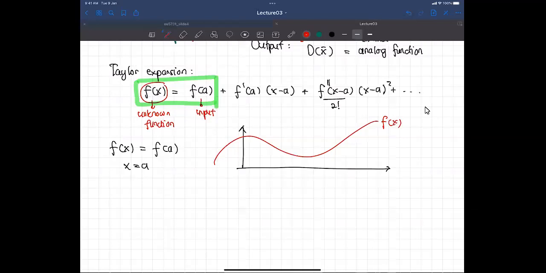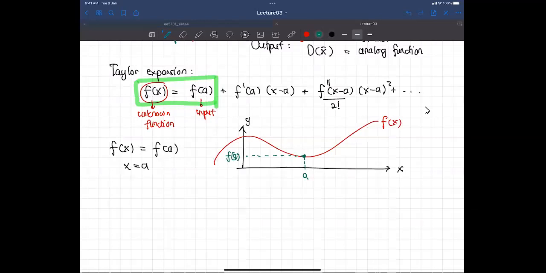Now, given a, for example, this is your a. The x-axis is x, of course. The y-axis is y, or f(x). If you are given a, and you are given this value there, then that's it.